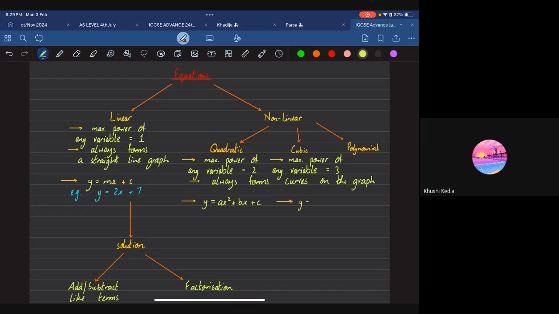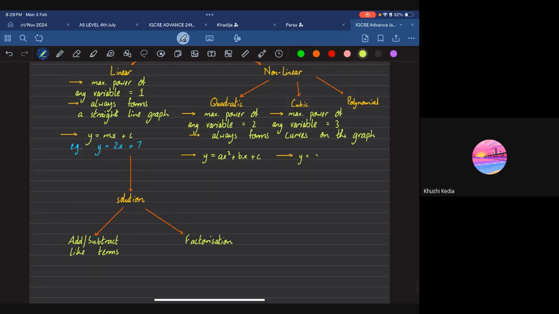You just have one more term in it, so it can easily be ax cubed plus bx squared plus cx plus d, where a, b, c, d are simply constants. Clear?